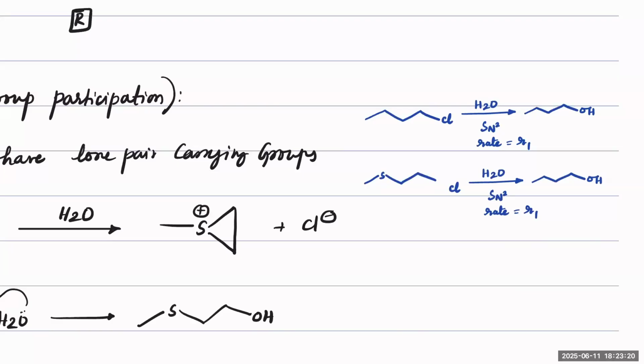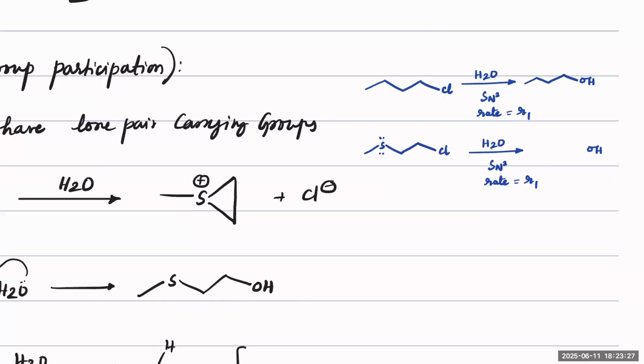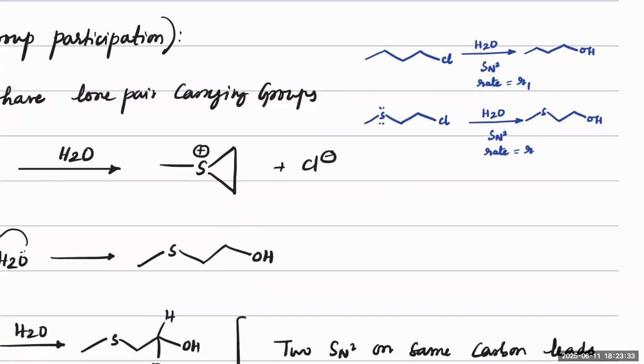This is a chloride here, correct? Sulfur has a lone pair here, correct? And I'll get the same product here, sulfur this way, okay? And let's say the rate in this case is R2. You know what you will find? R2 is 600 times greater than R1. This is what you will find.